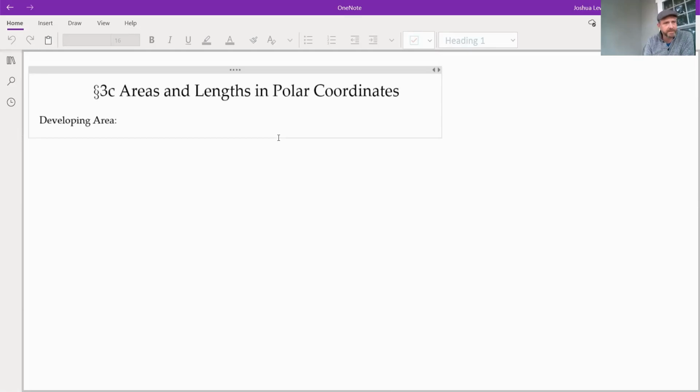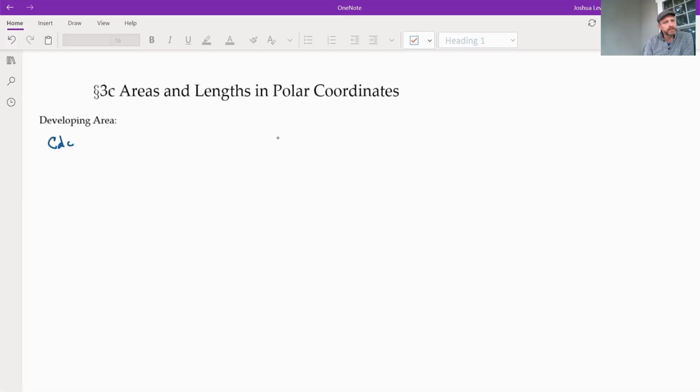And if you think back to, say, Calculus 1, when you went to find the area under a curve, you'd have some curve. Let me be a little more precise here.